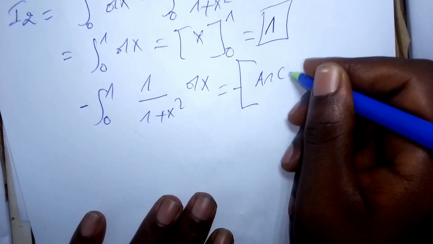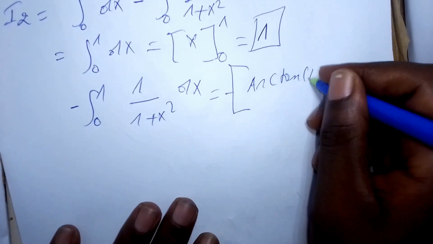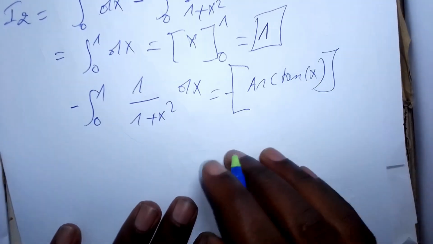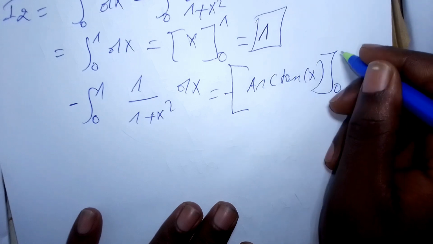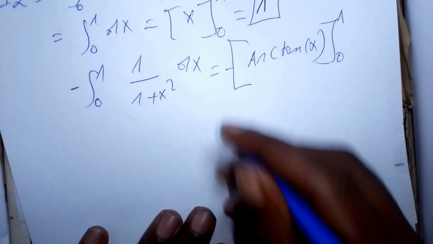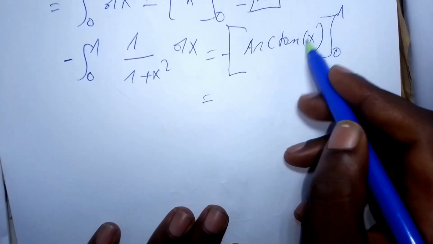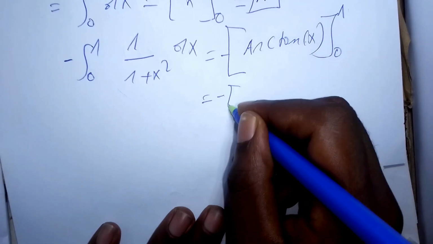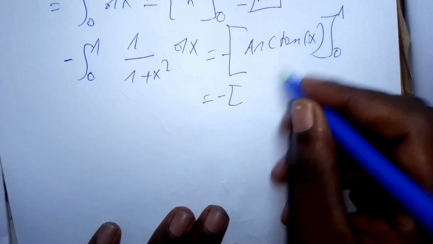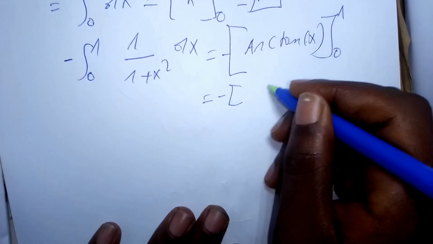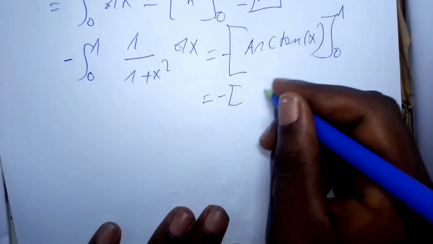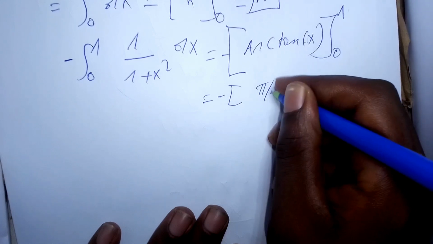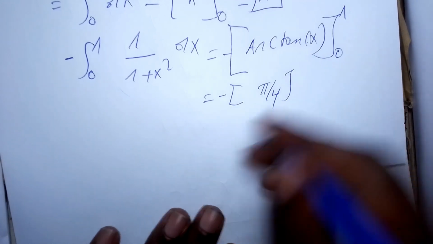Replacing with 0 and 1, when we put 1 we have negative arctan of 1, that is 45 degrees, so pi over 4.